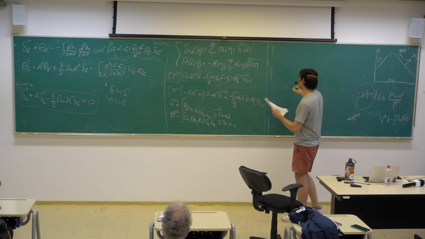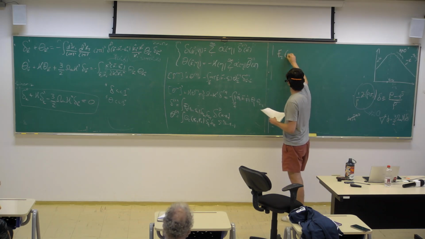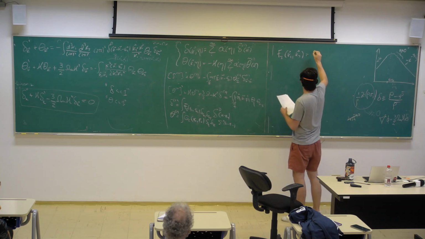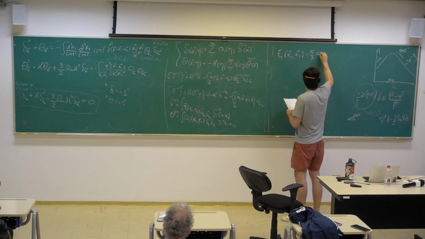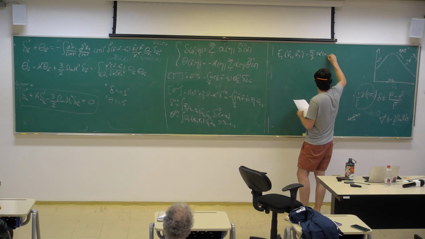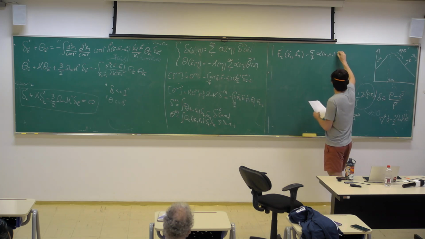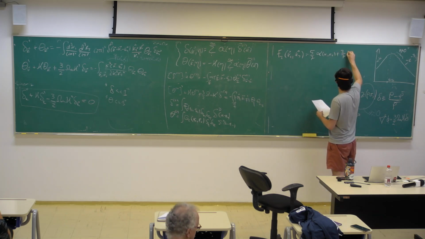then what you get is basically that F2 of k1, k2 is equal to 5/7 alpha plus 2/7 beta.